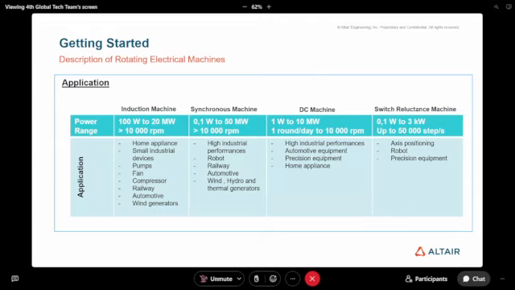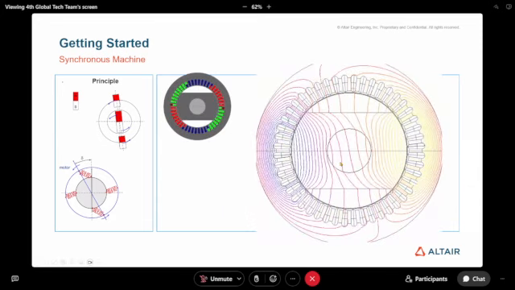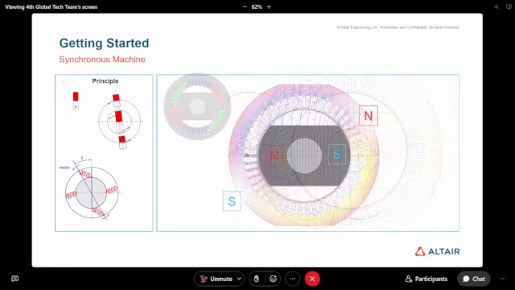So how is this possible, because there is no magnet on the rotor? It is possible because the magnetic field created on the stator will magnetize the rotor, and it will create on it north and south polarity. So if we start with a small frequency on the stator, the magnetic field will rotate slowly.